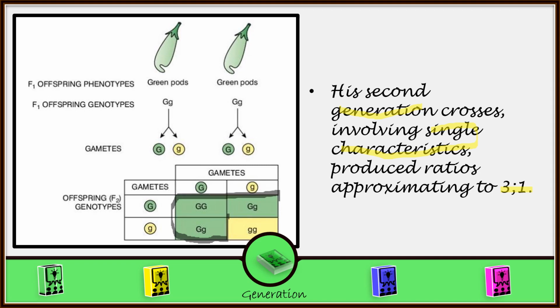All of these ones are green. And how many are they? They are 3 in number. And only this one is brown. And how many are they? It is 1. So it gives us a ratio of 3 green and 1 brown.